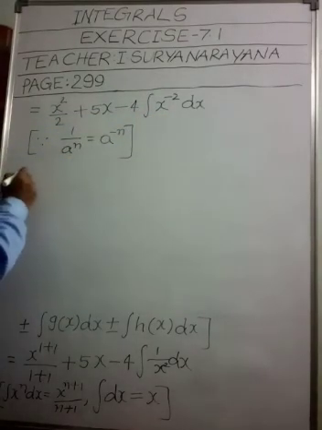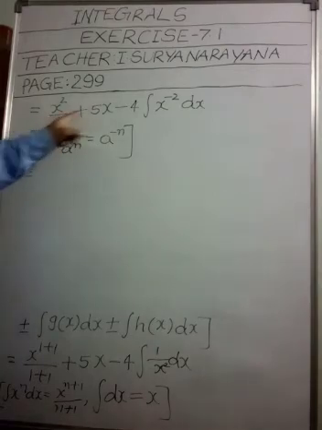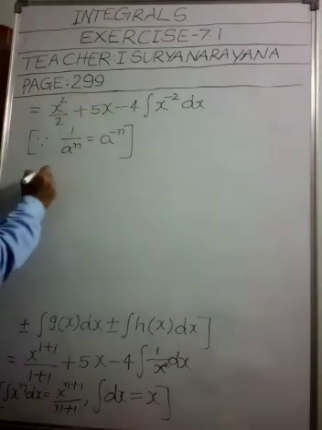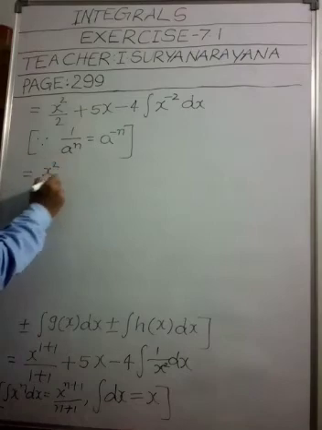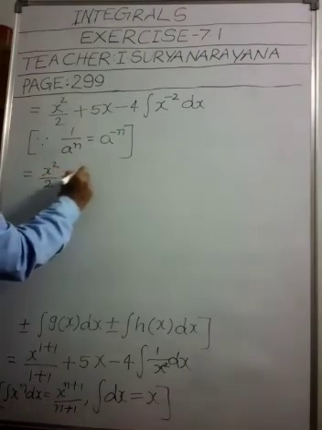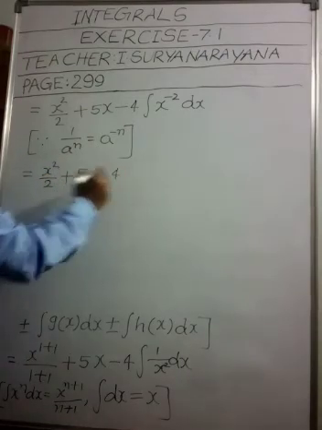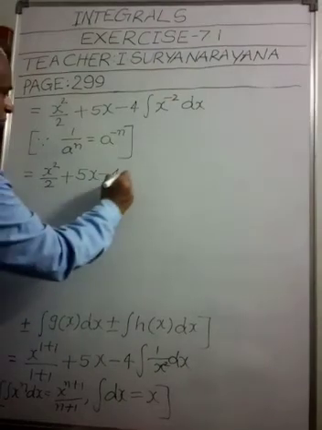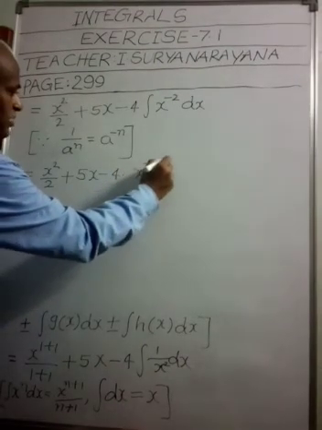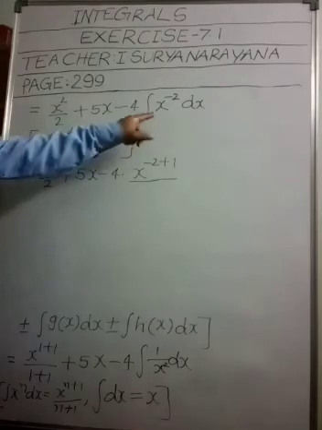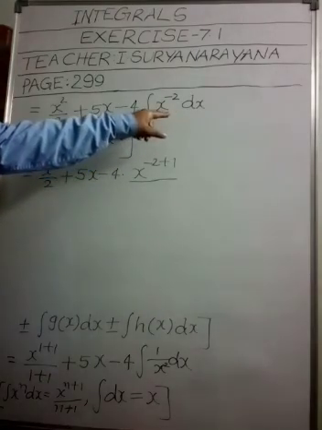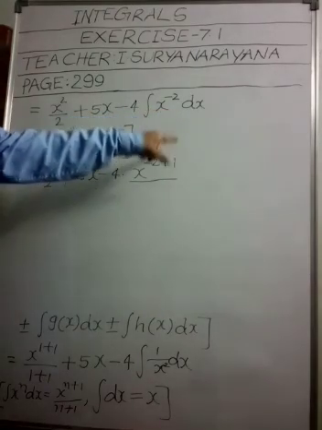Okay, my children? Right. That is equal to, we write the first two terms as it is, x square by 2 plus 5x minus 4 into minus 2 plus 1, because it is in the form of integral x power n dx, where n is equal to minus 2.